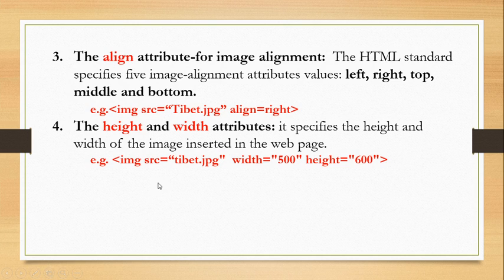So you can write this way: img src tibet.jpg width equal to 500. 500 means 500 pixels. Pixel means 500 dots. Height is equal to 600 means 600 pixels.